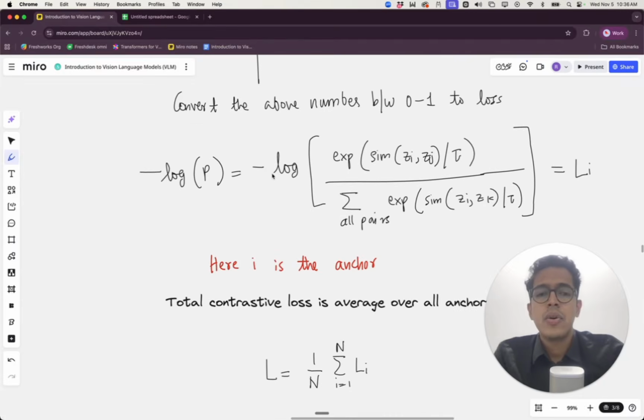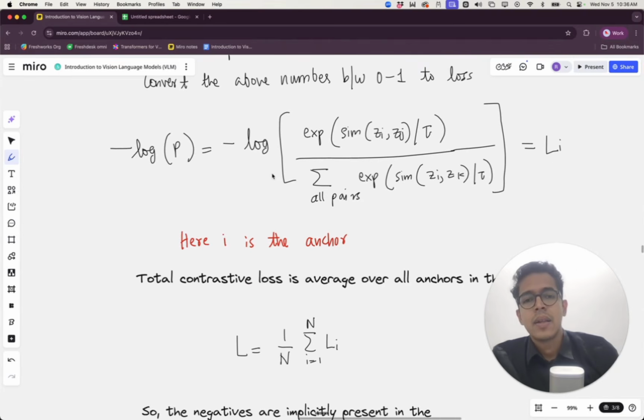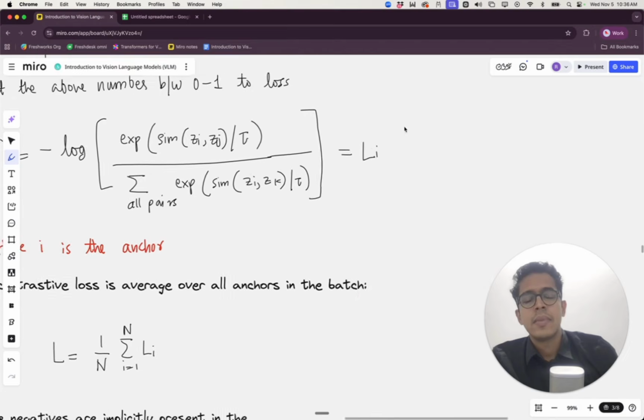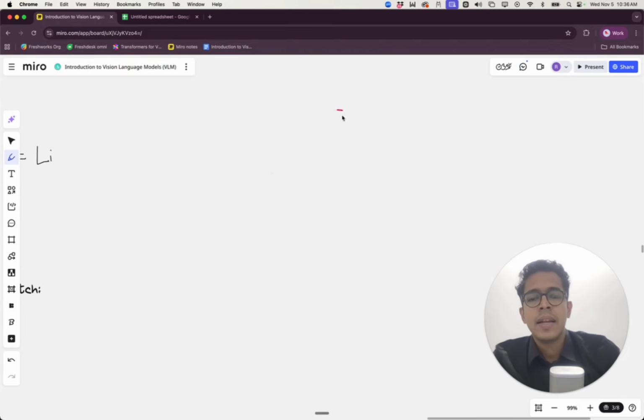But this is only for the case where i is the anchor. But then j can be the anchor, because let's say initially my i value was equal to 3. And let's say the total number of images is 100. Let's say I had originally 10 images, i equal to 1, 2, 3, etc. up to 10.